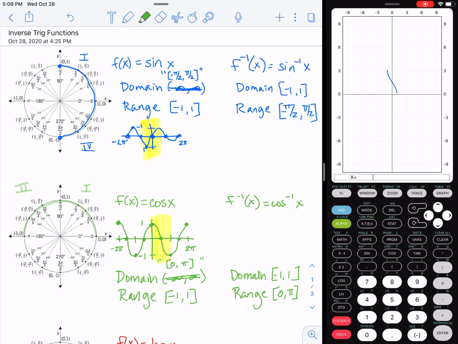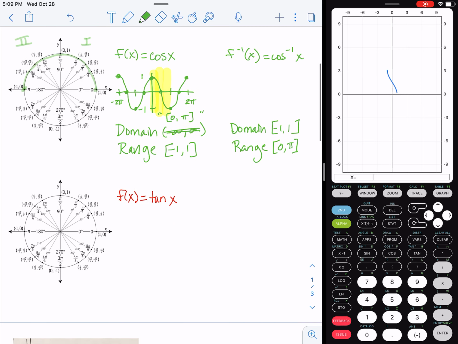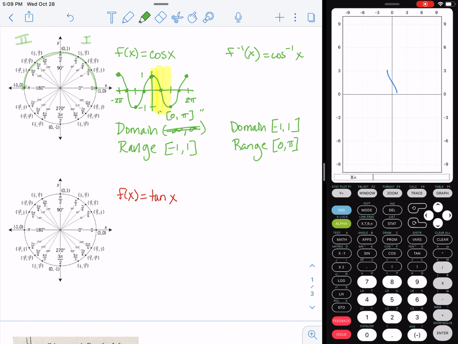All right? And for our cosine values, it's going to include these 2 points here at the end of those quadrantal angles. So now we've got one left to talk about, and that is our tangent function.